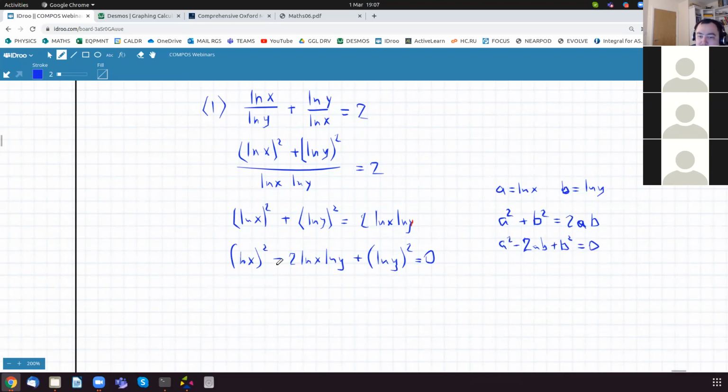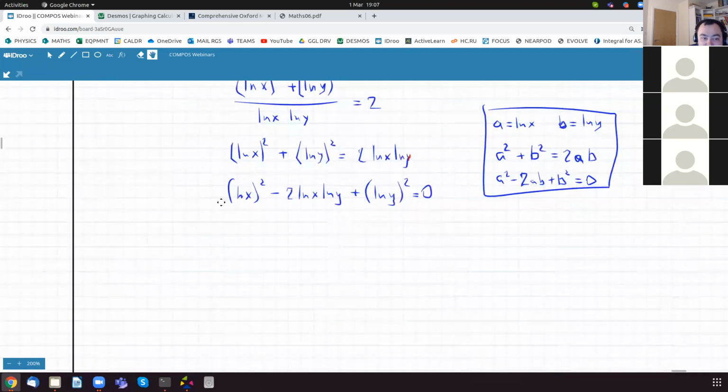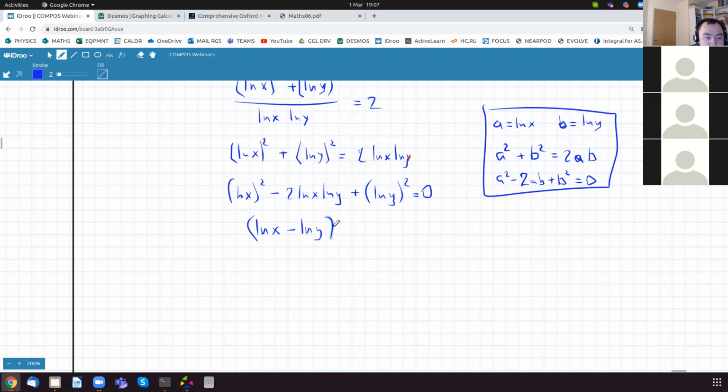You get a complete square, and this is the stuff that was going on in my head when I first looked at this problem. So I can see this structure here now. It's going to be ln x minus ln y squared is equal to 0.